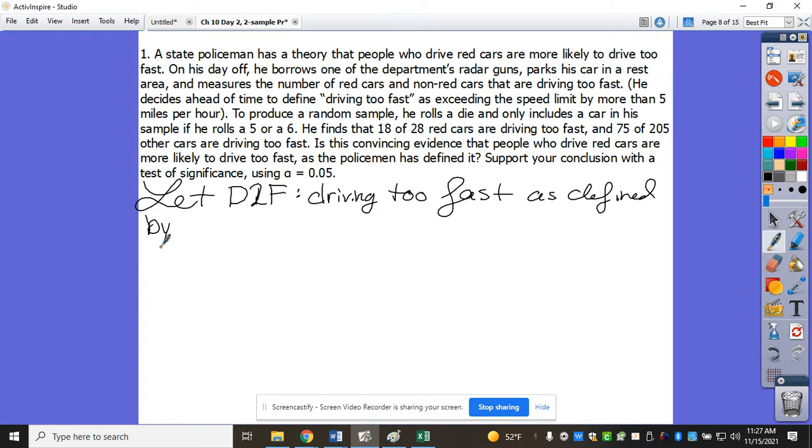By this policeman. What does it say? Exceeding by 5 miles an hour more or something?